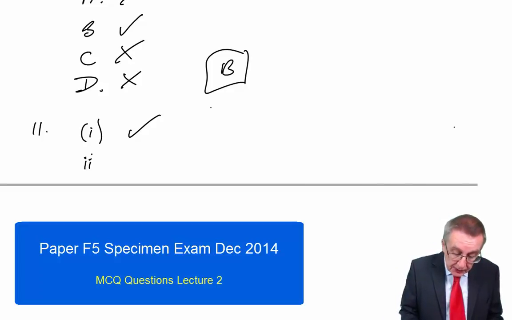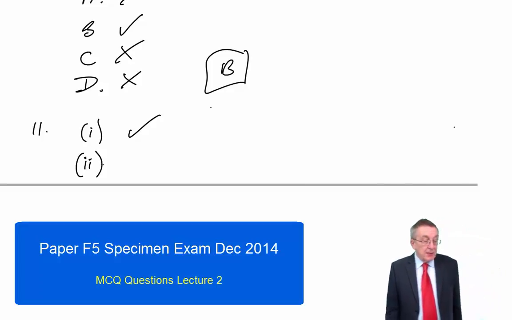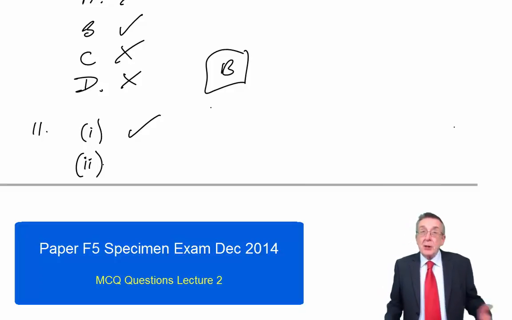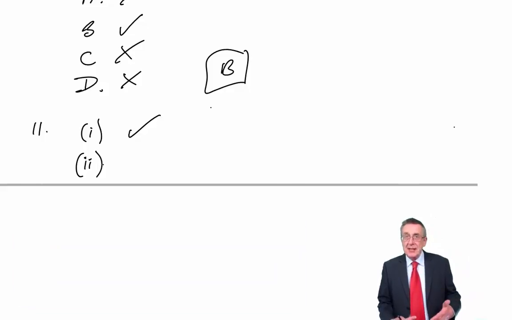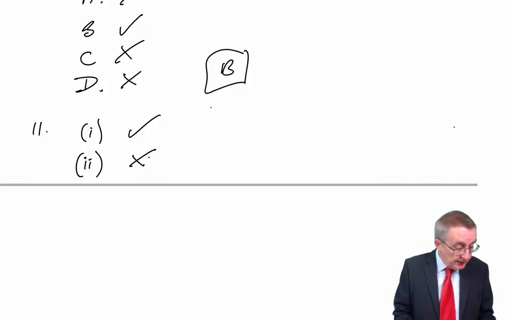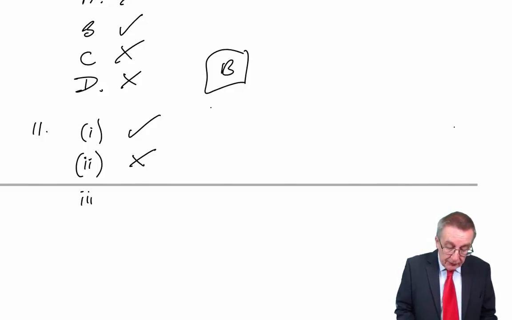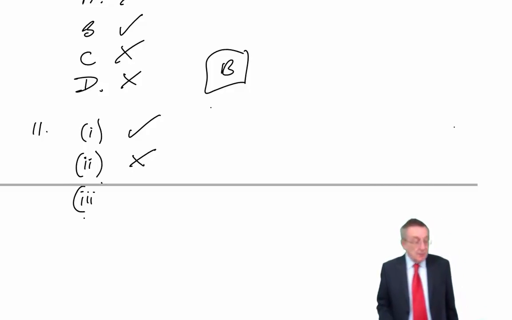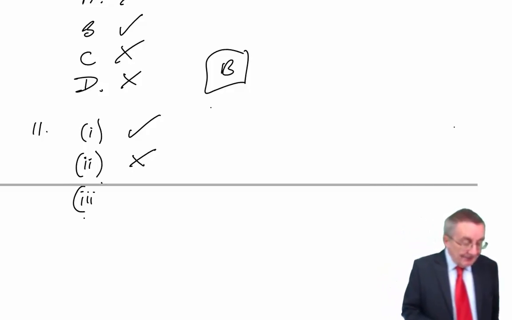Number 2, no. Payroll department's processing of personnel costs. It's not going straight in. Somebody's had to process it before the data can go through to management information, so it's not 2. Number 3, completion of timesheets by employees. It can be.